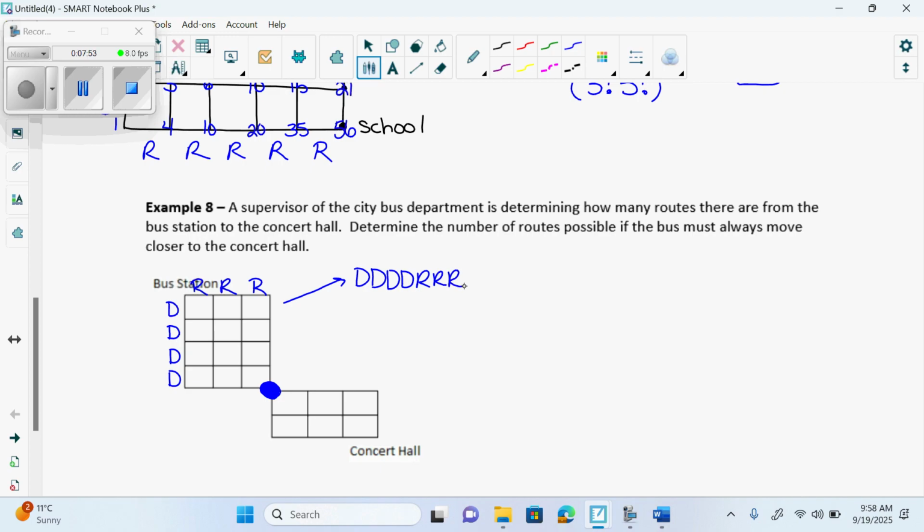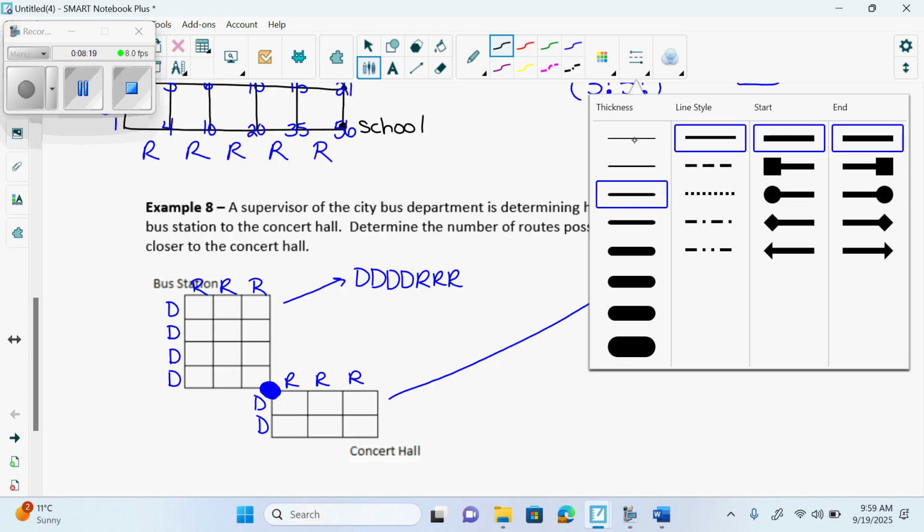True? Correct? And let's look at this pathway. For this one, I have a down, down, right, right, right. So for this one, I have 2 downs and 3 rights. True? So let's rearrange those words.